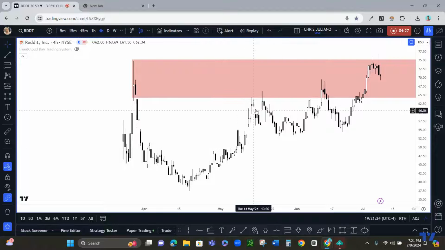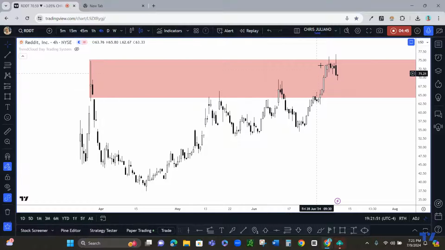So each one of these candles is 4 hours. Don't forget that. Now, it makes a nice move down, comes almost to the top, breaks down a little bit. So you can see how powerful this zone has treated us. What happened now? We've broken through that high time frame supply zone. Aha, okay.